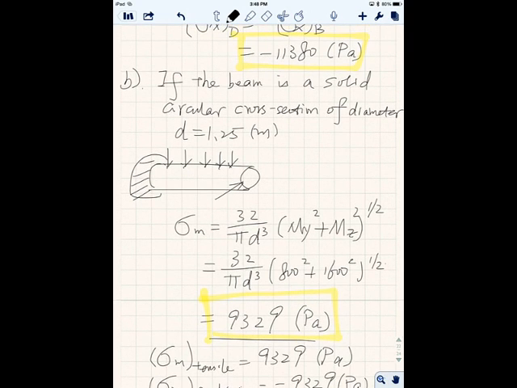So if you look at the absolute number here, maximum tensile for the rectangular is 11,380, but if you have a circular shape, it goes down to 9329, right? So that tells you that when you have a beam, if it's a circular shape under the same loading, probably you're going to see less maximum stress, which means less chance of failure, right?